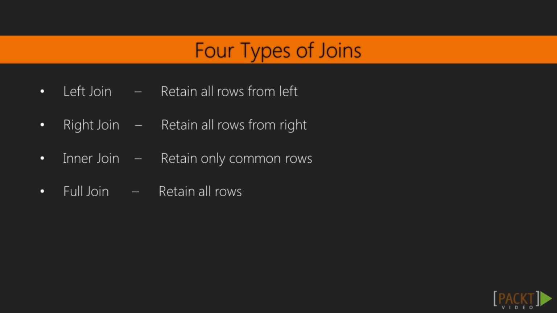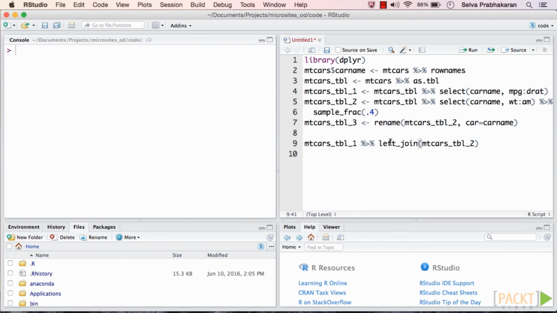Similarly, right join will retain all the rows from the dataset on the right. The inner join will retain only the common rows, while the full join will not omit any row from both datasets. If both tables have a common named column, you don't have to specify the column name explicitly.